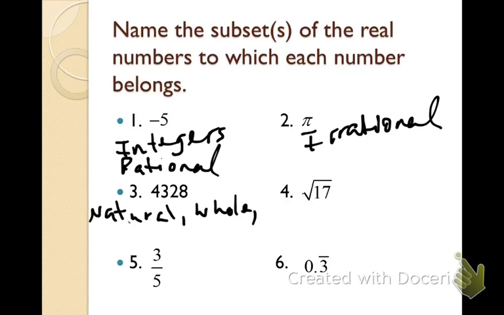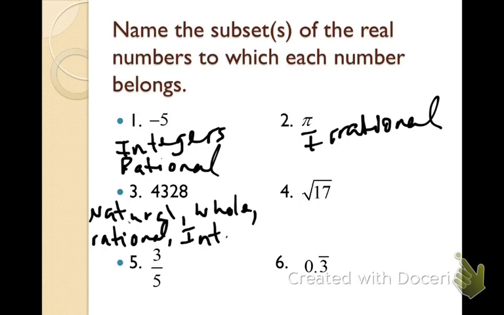Can you make it as a fraction? Can you write it as a fraction? Sure. Anything else? An integer too, right? It's a positive whole number. Fits as an integer also. Okay, good.